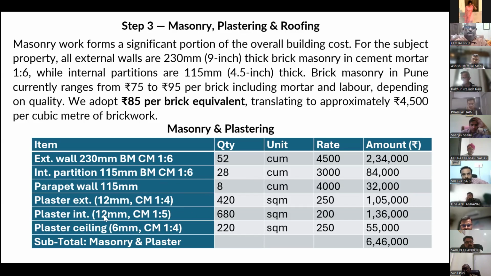These are the general specifications, but you have to look for the specification at site. You calculate these quantities, multiply with the rate, and you get the amount. So subtotal for the masonry and plaster comes out to be 6,46,000.